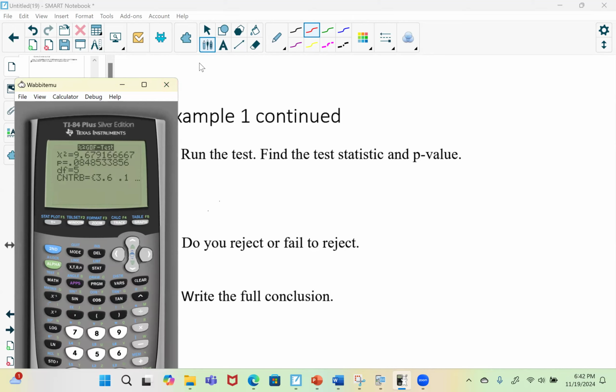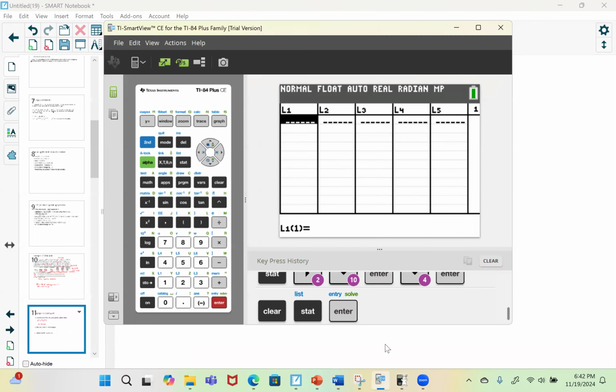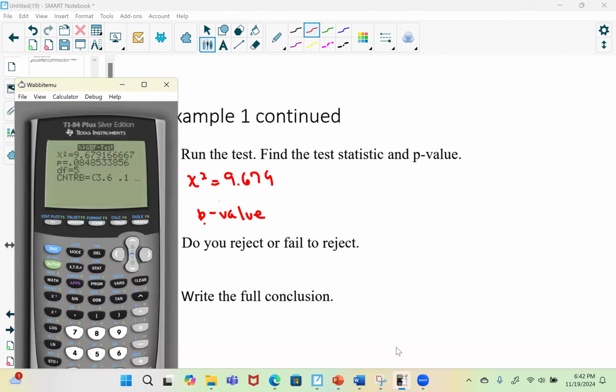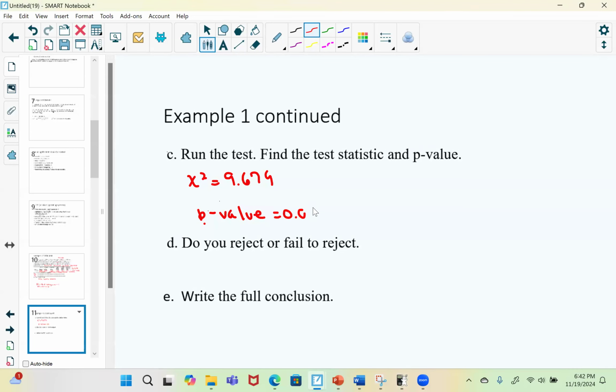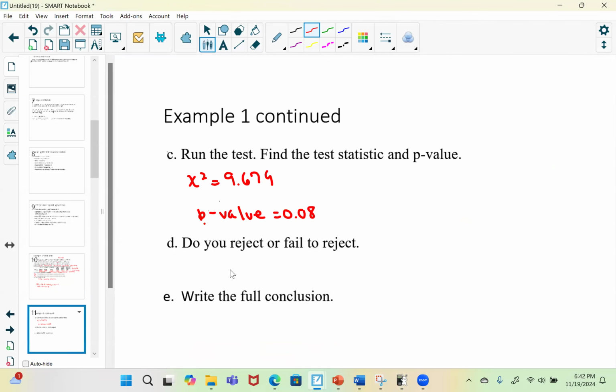So the chi-squared is 9.679, and then the p-value is 0.08. From there, everything else follows the same that we've done. My alpha is 0.05. So 0.08 is greater than 0.05, so we fail to reject.